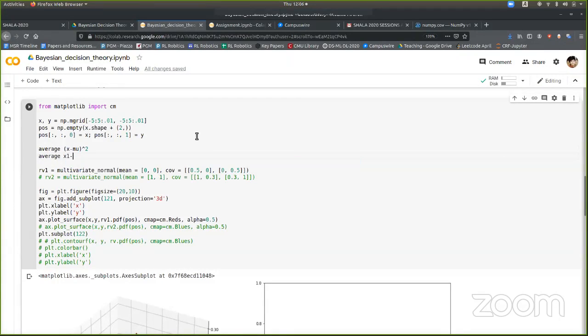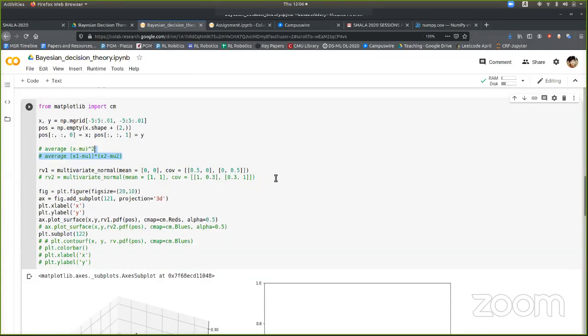There is x1 minus mu1, where x1 means the first dimension of your feature, multiplied by x2 minus mu2, and you take the average across this. Over here it was x minus mu multiplied by x minus mu. Now you have x1 minus mu1 multiplied by x2 minus mu2, and then you take the average. That will essentially give you this element. If this element is zero, it means that the dimensions are independent. And if it's not zero, then the dimensions are dependent.